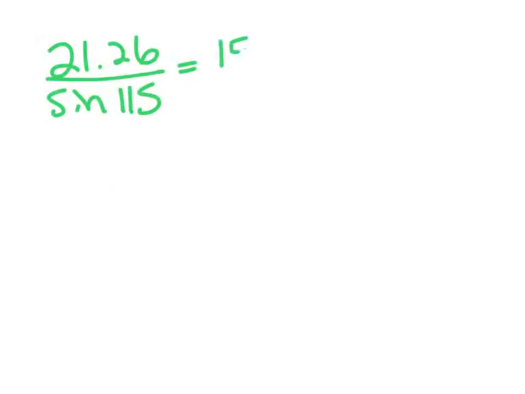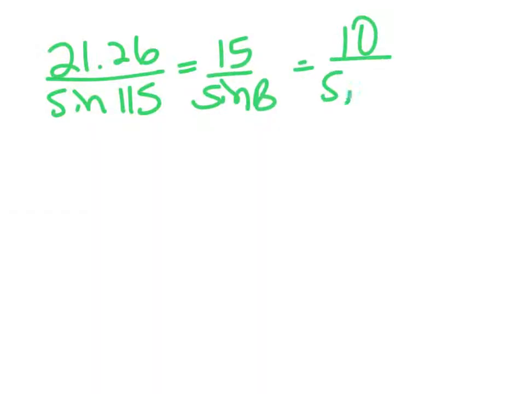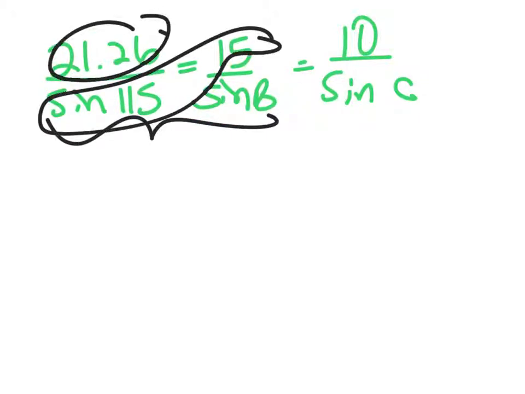Okay, to reiterate what we did in the last one, 21.26 over sine 115 equals 15 over sine of B equals 10 over sine of C. So again, I'm going to go for the next biggest angle, cross multiply and divide.